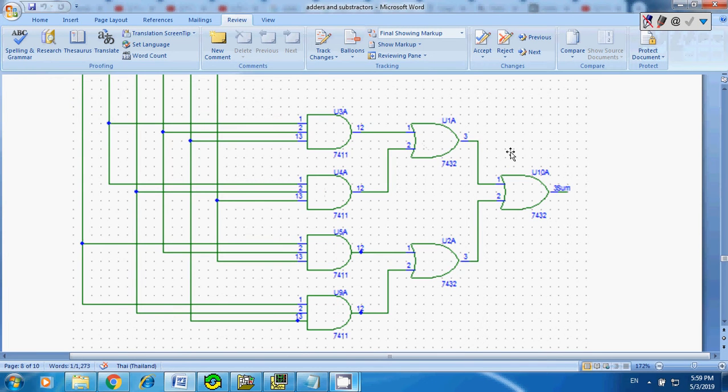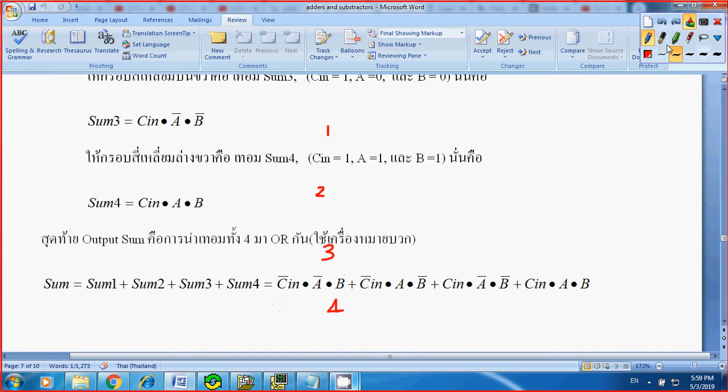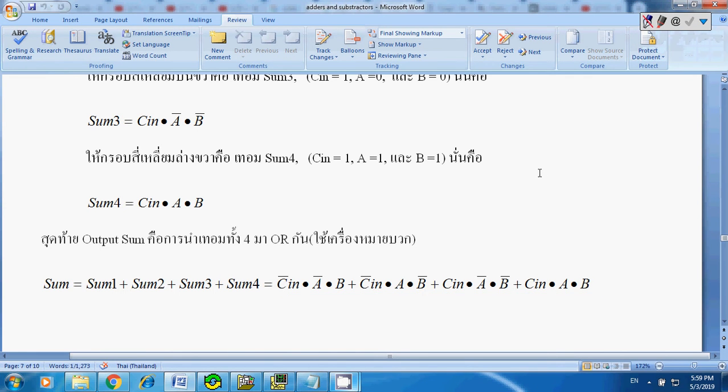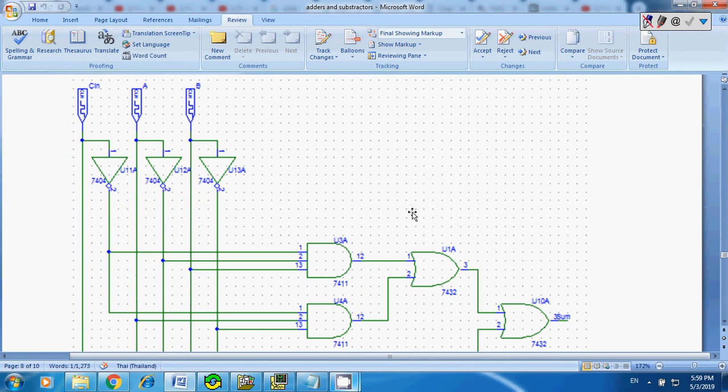So from the expression right here, finally you're going to do the real circuit. Like this. That's how you connect the circuit. So that's why I mentioned earlier, it's very important for you to minimize the number of gates used, because you don't want to make so many connections and make your signal slow.